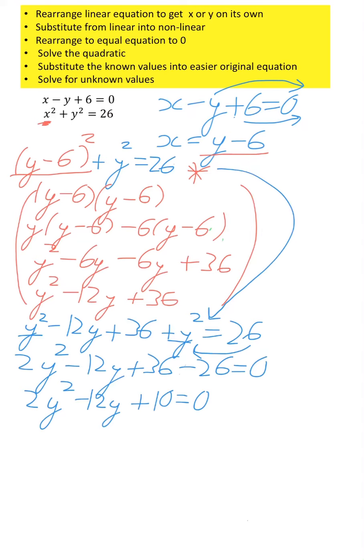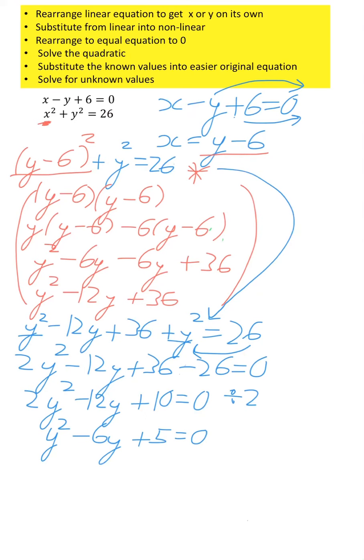Now we could solve this straight away, either by factorizing or using the quadratic formula, but seeing as all of these can be divided by 2, we can actually divide by 2 to make the question a bit easier. So then we have y squared minus 6y plus 5 is equal to 0.